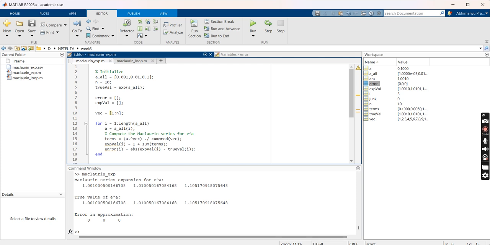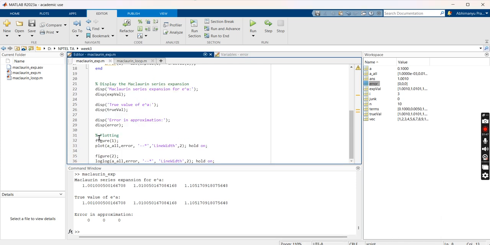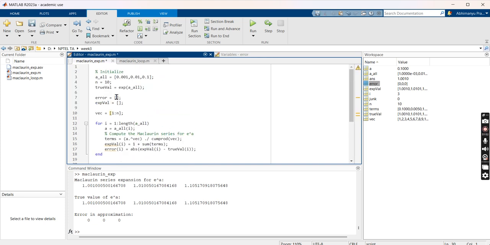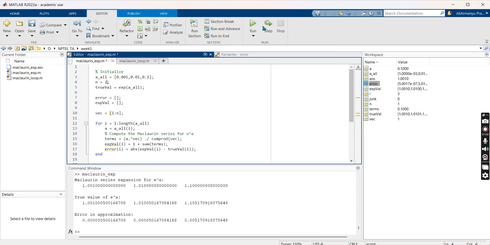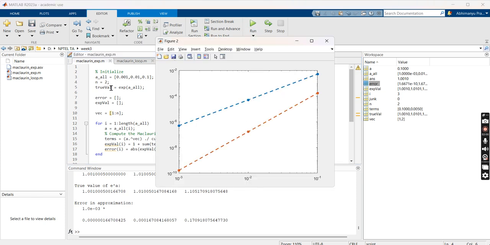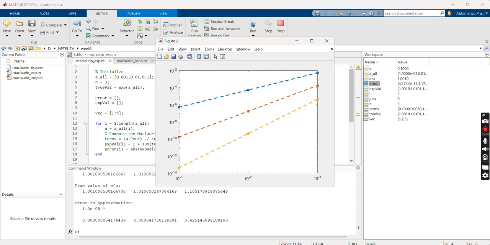Okay, so now what I was trying to say is, for n is equal to 1, for n is equal to 2, for n is equal to 3. Let me also add the labels.